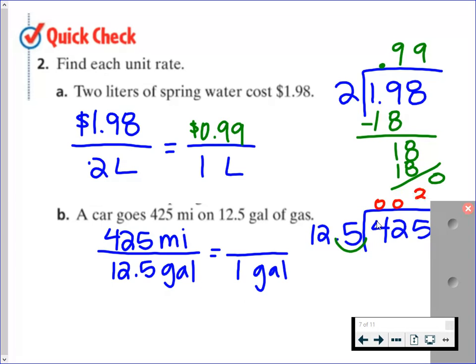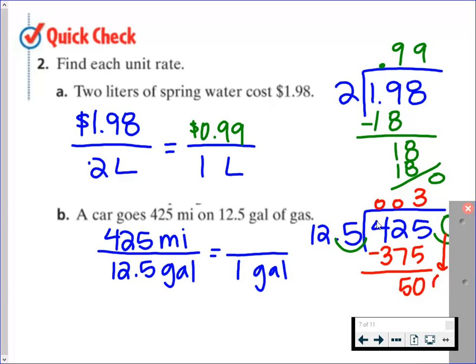Yes. 34 miles per 1 gallon. Please label it if you're writing it like a fraction.